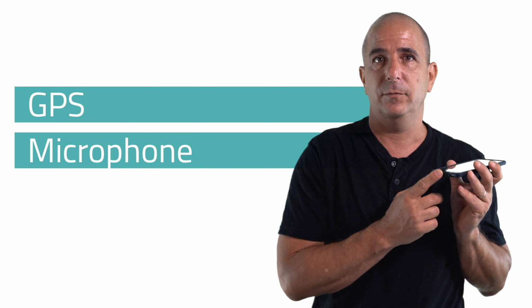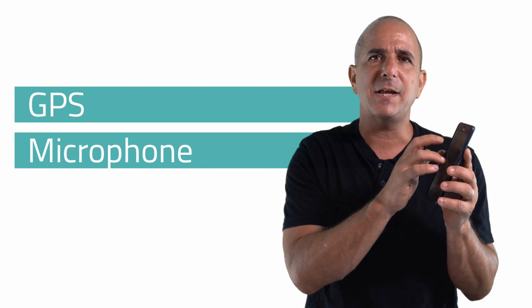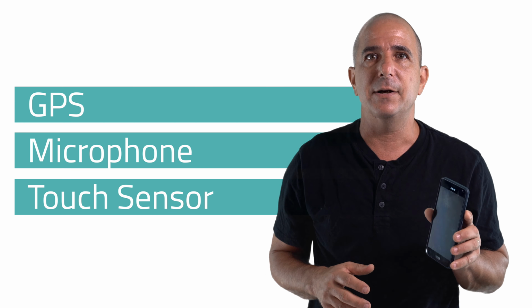Just to point out or count a few of them: we have a GPS. We have a microphone. We have some sort of touch. Touch is a sensor. And there's the ability of understanding that when I talk with my phone, the touchscreen should inhibit its touch. Otherwise, with my ear, I would have done this.